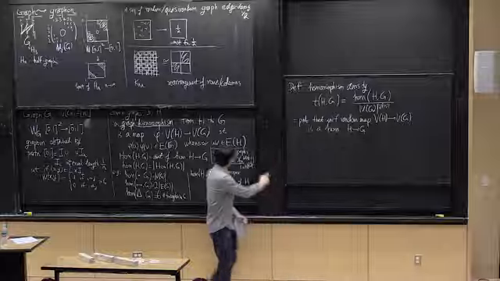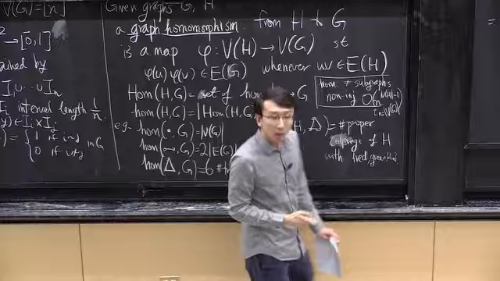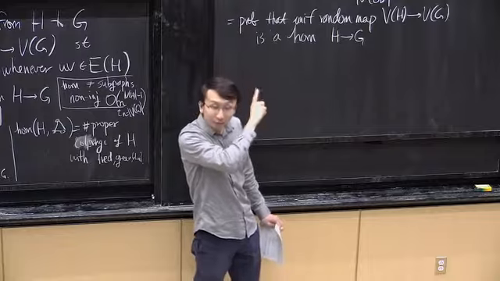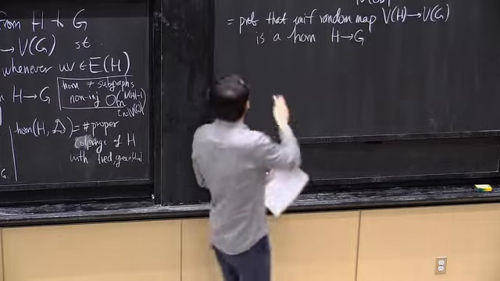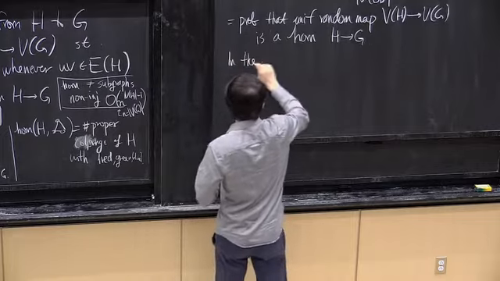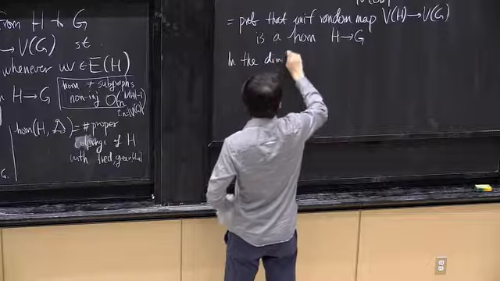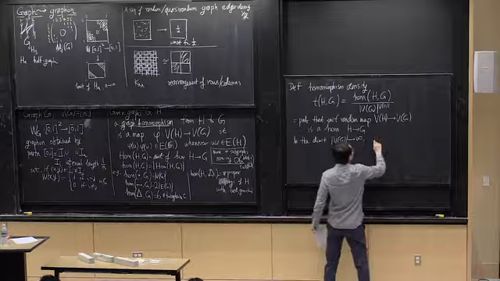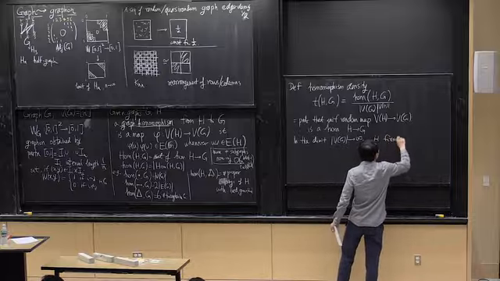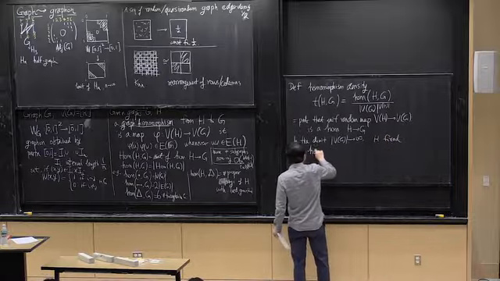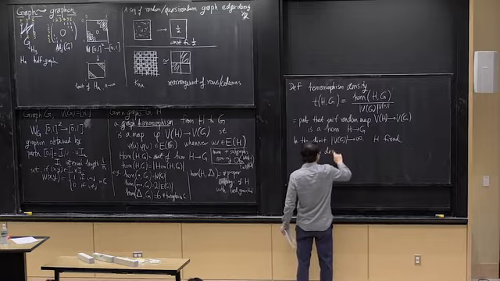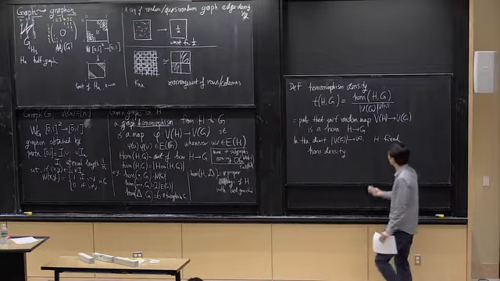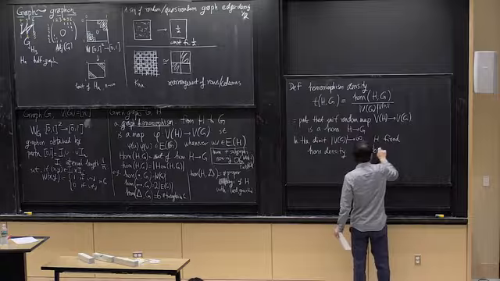And because of this remark over here, in the limit as the number of vertices of G goes to infinity and H fixed, homomorphism densities approach the same limit as subgraph densities.